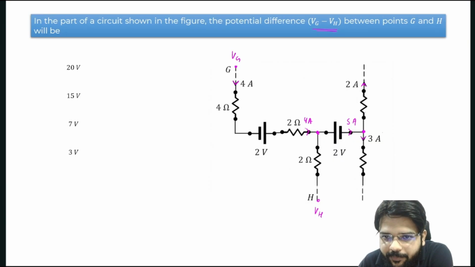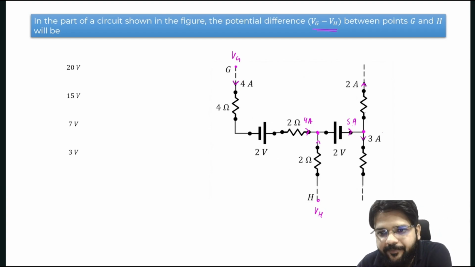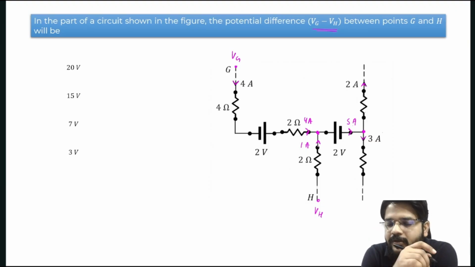Here on this node 4 ampere current is entering, and 5 ampere current is exiting from this node. So 1 ampere current should come on this node, then only it is possible. So now this distribution of current is happening, correct? Anyone having doubt here? So now we have the currents, all right?